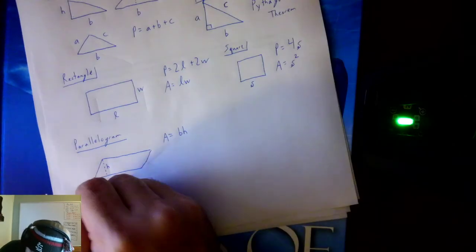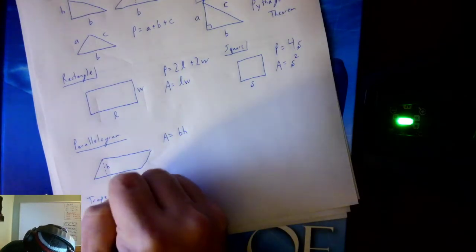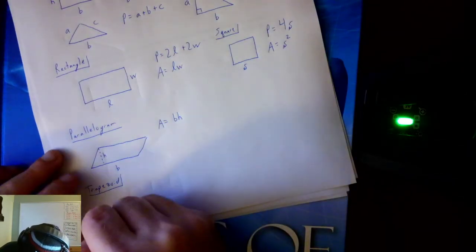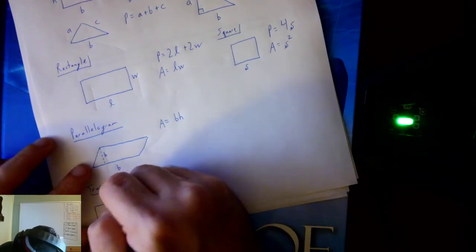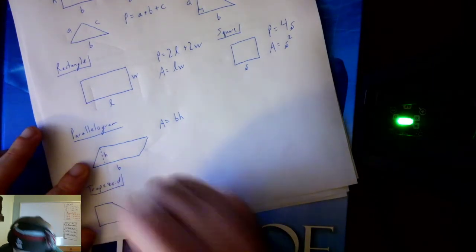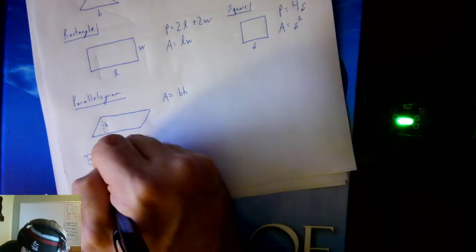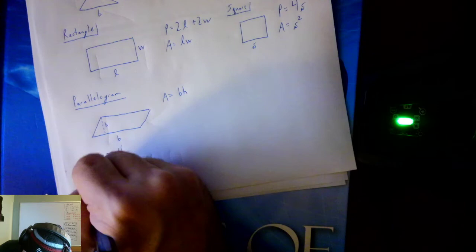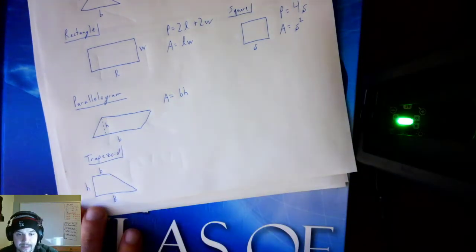Next, maybe we have a trapezoid. And trapezoids come in 2 flavors. The first, I always like to think of kind of like a shoe that you drew really cartoonish. And there's 3 measurements in this. There's the little base, the height, and the big base.